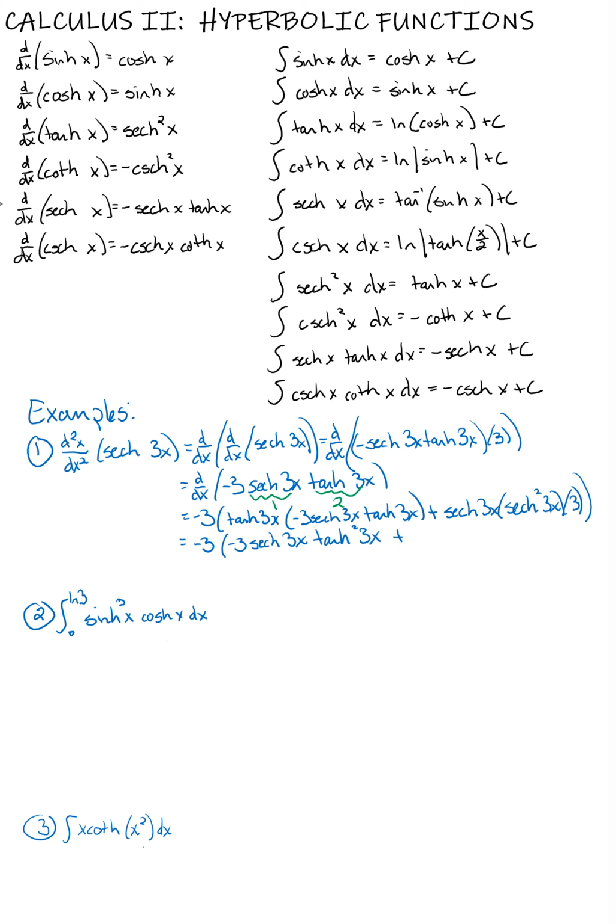All right, on this one, I'll put that 3 out in the front. And then we have the hyperbolic secant is now cubed, because I have a squared here and then a power of 1 there.